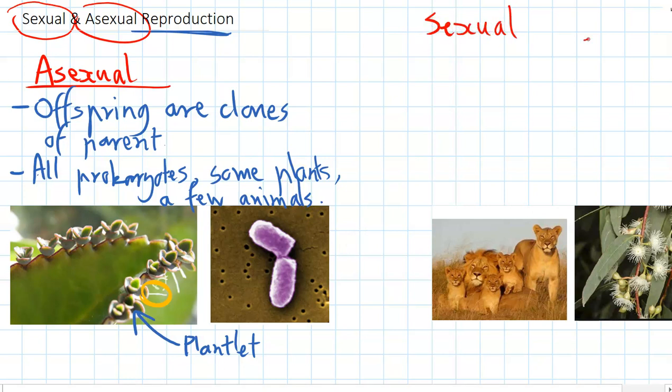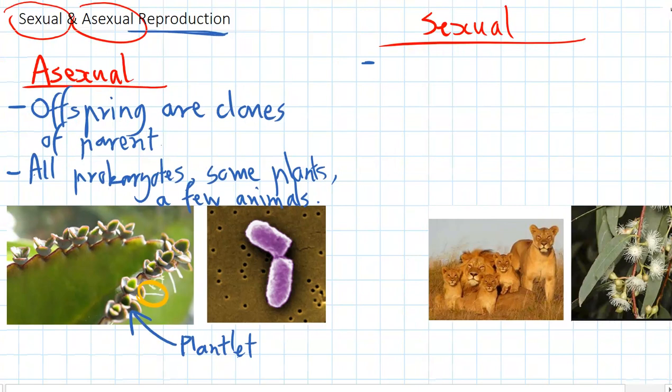Alright, well the other form of reproduction, and it's probably the one we know more about, because this is the way humans reproduce, obviously, it's sexual reproduction. So if we're actually defining sexual reproduction, it's where a male and a female combine their genetic information together to make an offspring.